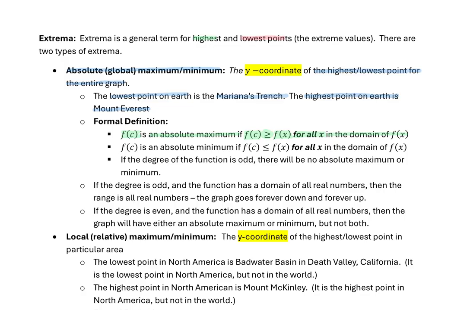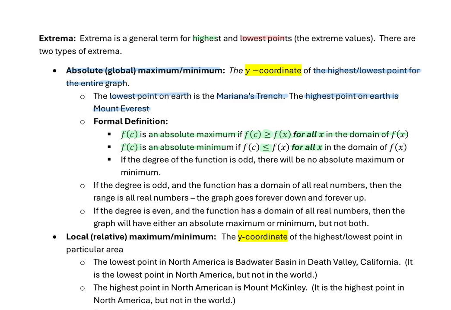Similarly for absolute minimum. f of c is an absolute minimum if f of c is less than or equal to all f of x, for all x in the domain.